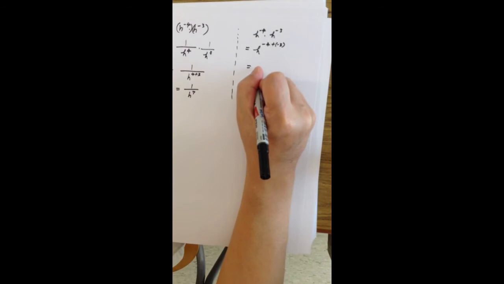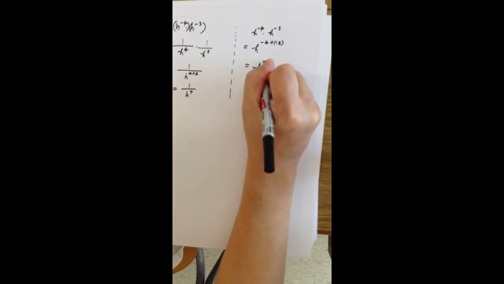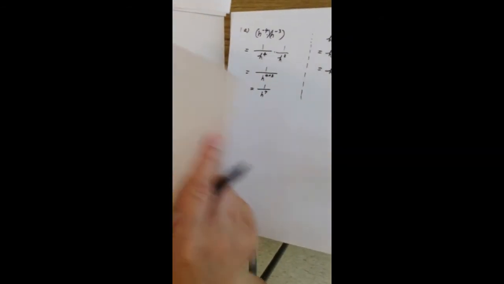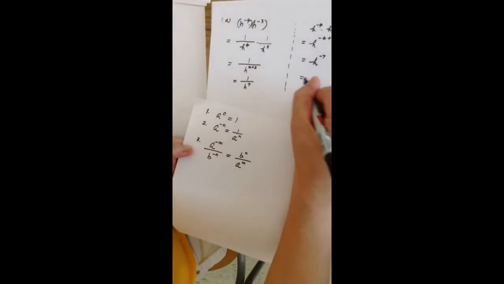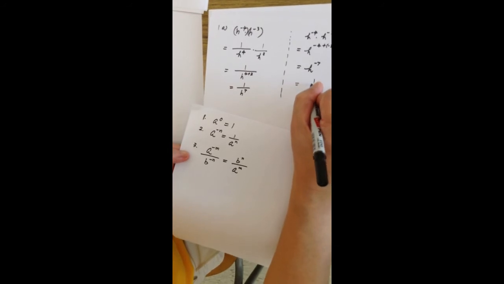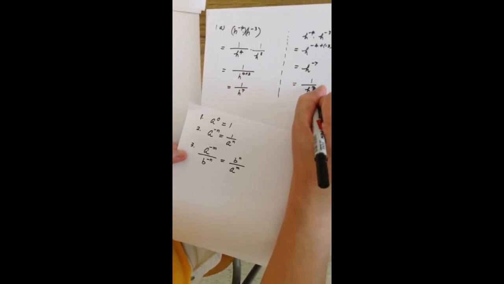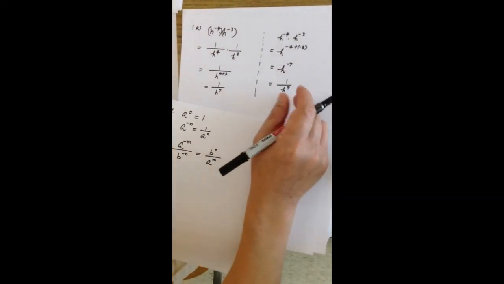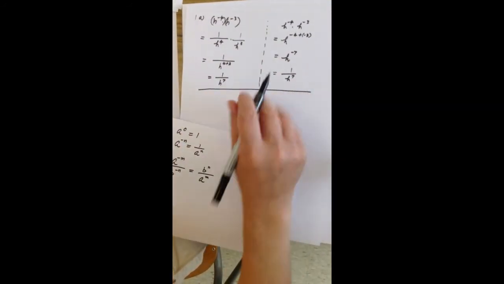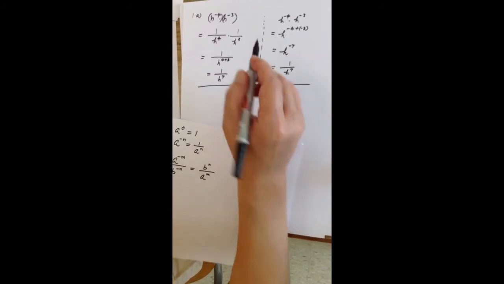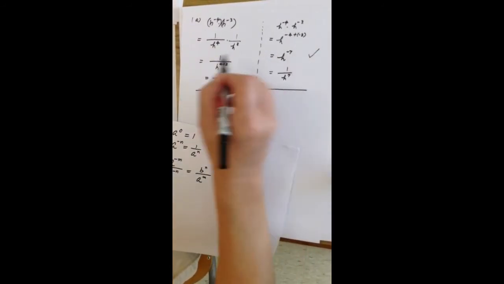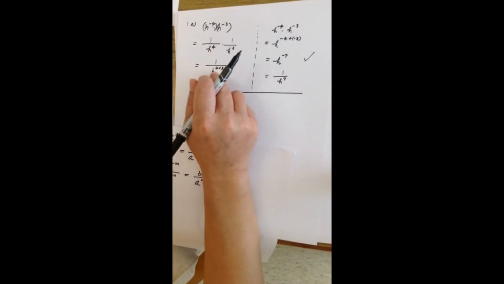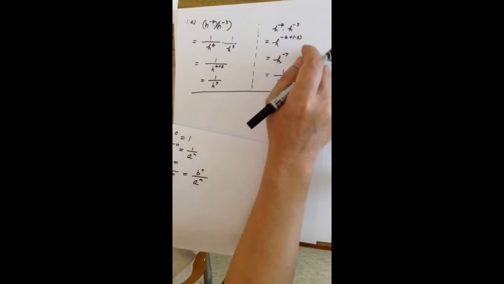So the result is x to the power negative 7. And use formula 2, this one, to rewrite x to the power negative 7 as 1 over x to the power 7. Which one is simpler? Now, in the later examples, I will use this method rather than this method because this method is quite complicated. Remember, I will use the right hand side.